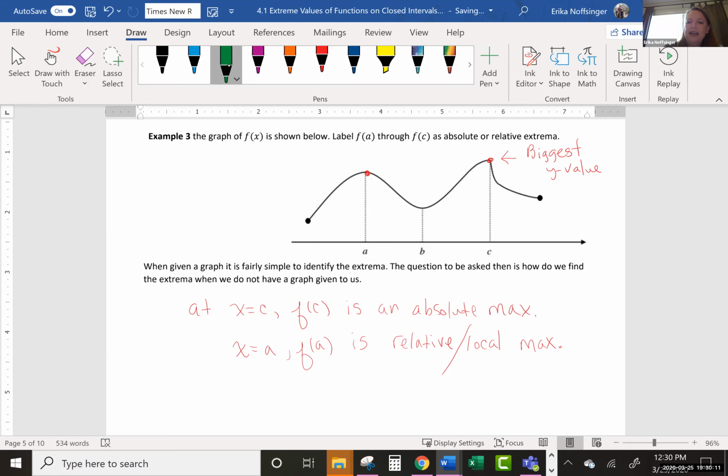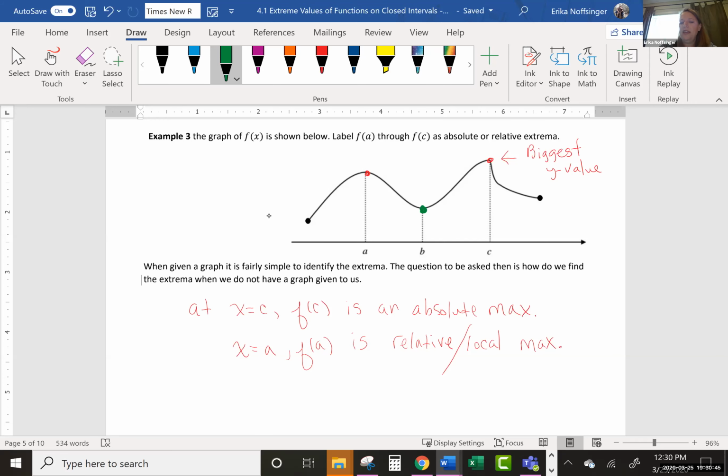Looking at b, I notice I have a minimum value. Actually it just says label f of a through f of c as absolute max or absolute min, so I don't have to look at these endpoints here.